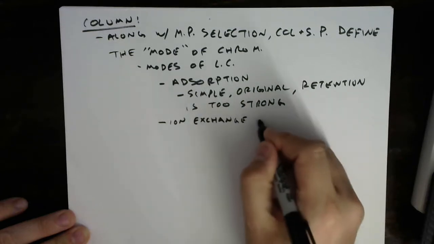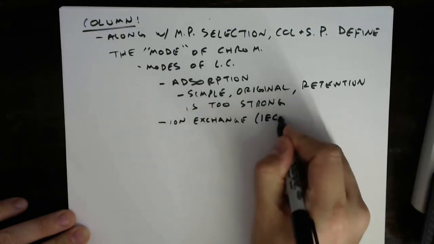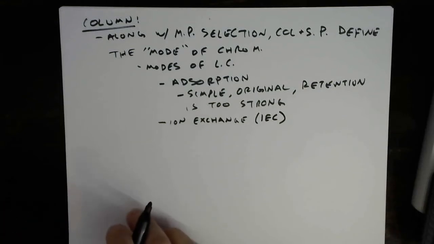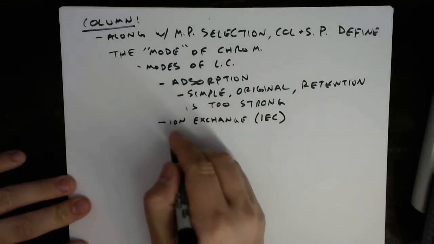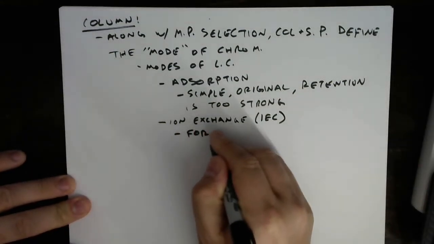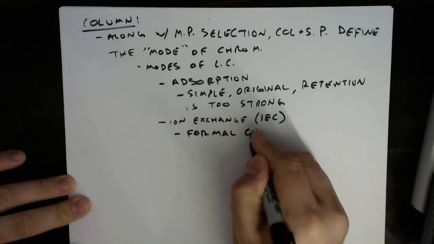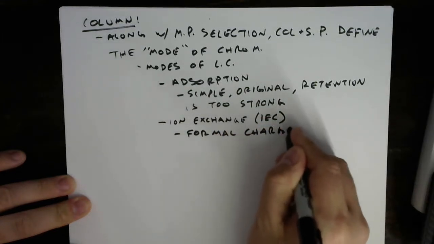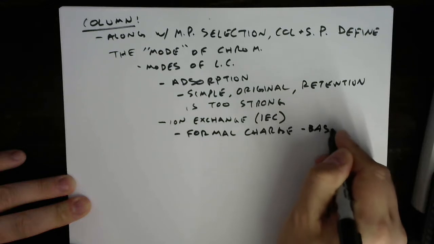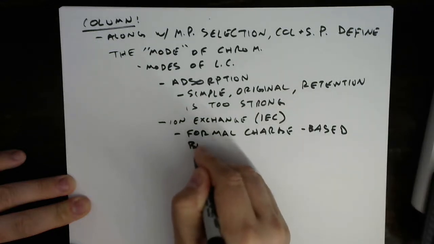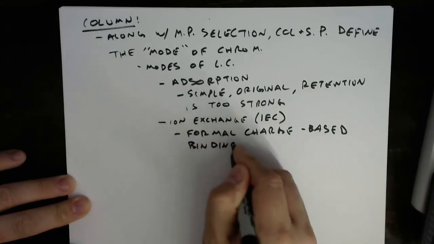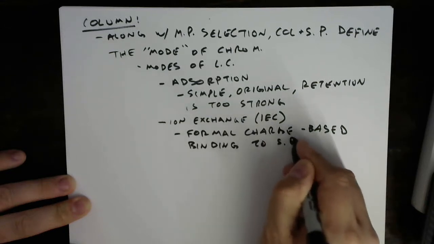Exchange. So that's IEC, ion exchange chromatography. And this is basically the idea of formal charge based binding to the stationary phase.